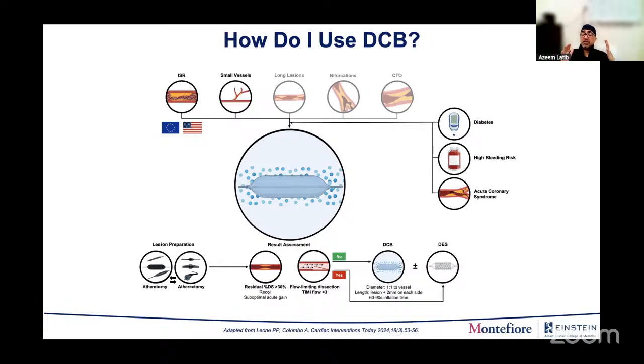Okay, and so if you look at every IFU for drug-coated balloon, it says 60 seconds is the maximum time. You should do from 30 to 60. The reason the IFU say that is because they're very concerned about causing ischemia, and they don't want to put in the IFU that you can go to 2 or 3 minutes, because if you were then to have ischemia from the vessel being closed and you didn't do something simple like deflate the balloon, the patient has a VT or a VF, they would feel liable, the company would feel liable.